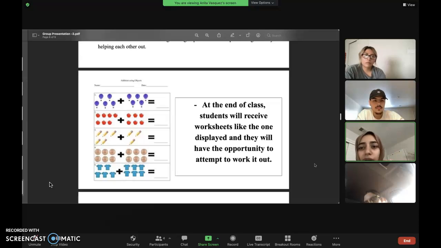If they get it wrong, that's fine. If they do it right, that helps their growth in addition. But like I said, they won't do it on their own. They're in groups, so their group can help them out, and they could go around stating and coloring as they go.